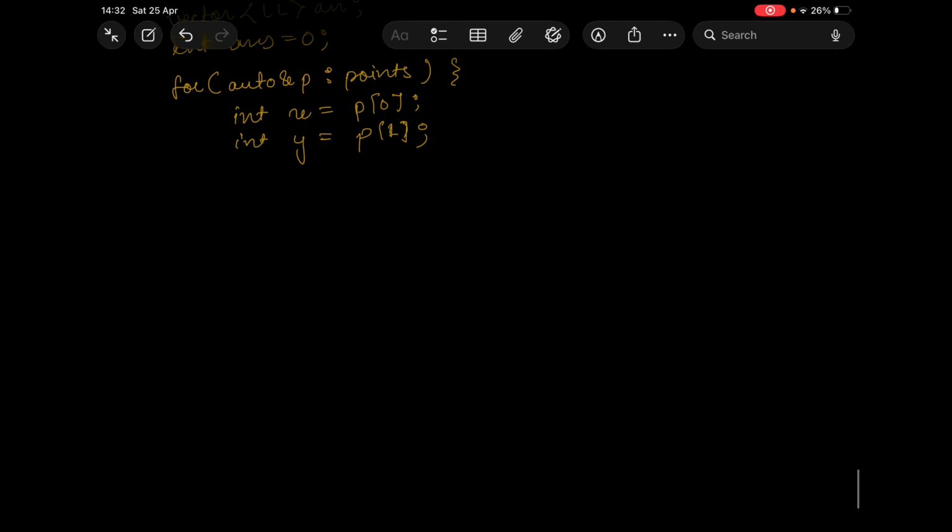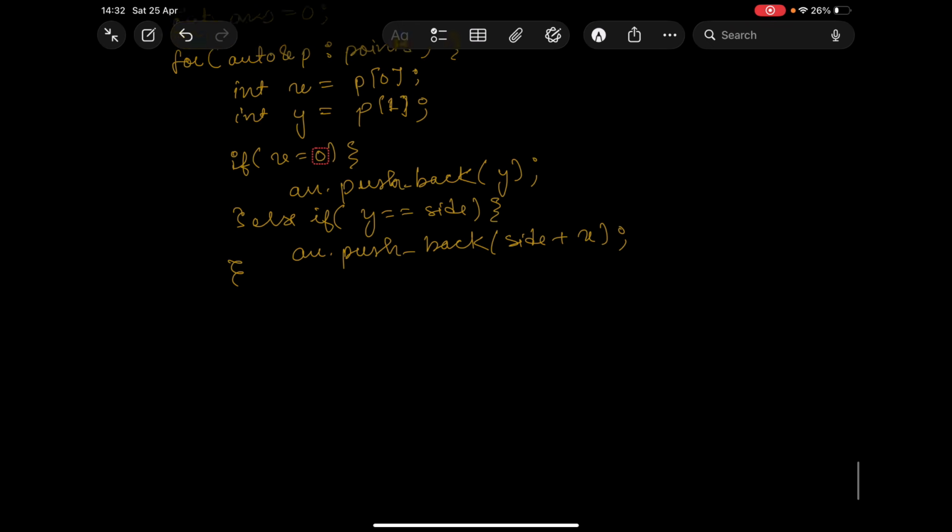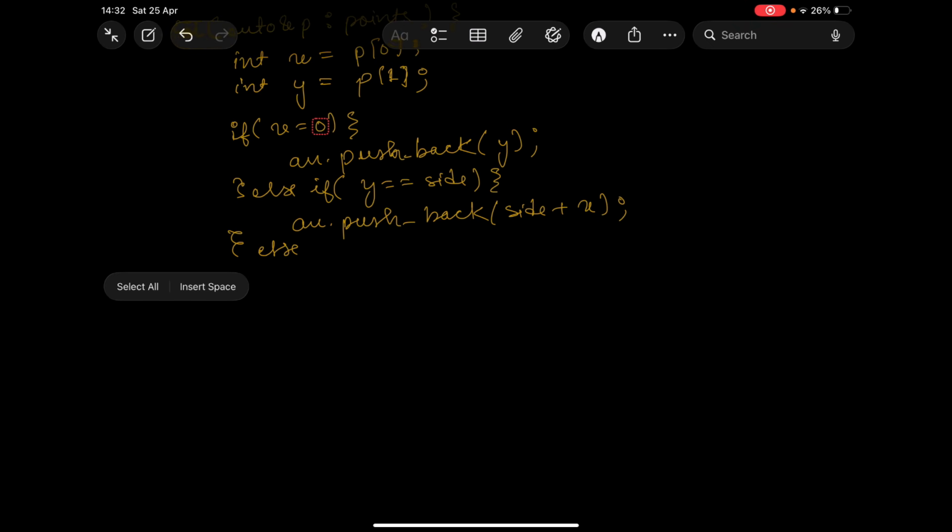Now we will write the same thing. If x is equal to 0, array dot push back y. Else if y is equal to side, array dot push back side plus x. This is the same thing that I already discussed above.